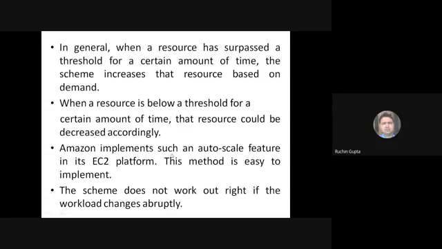Amazon implements such an auto scale feature in its EC2 platform. This method is easy to implement because we can specify the threshold for different kinds of resources, and based upon the threshold, the system can automatically decide whether to add or remove some resource from the cloud.